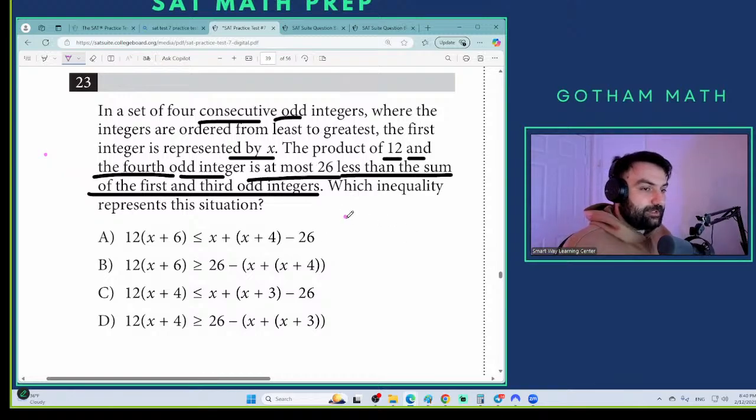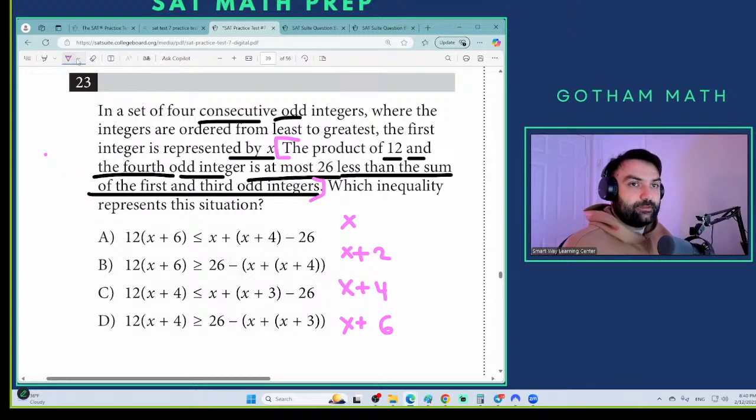Consecutive odd or consecutive even goes x, x plus 2, x plus 4, x plus 6. This is integer number 1, number 2, number 3, and number 4. And now we have to create this situation from here to there.